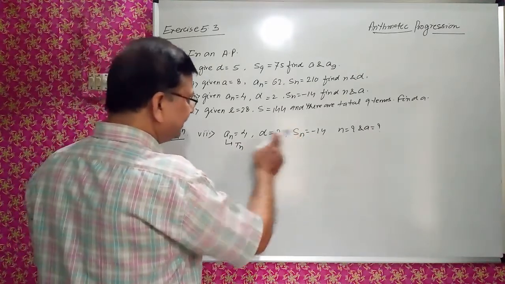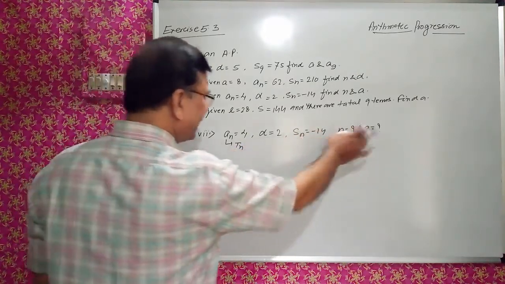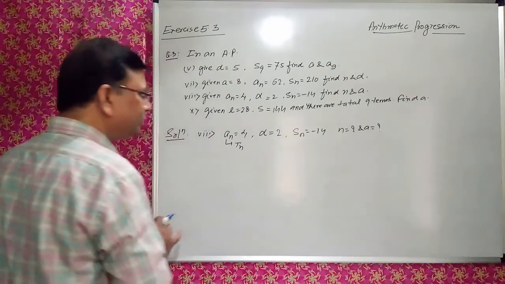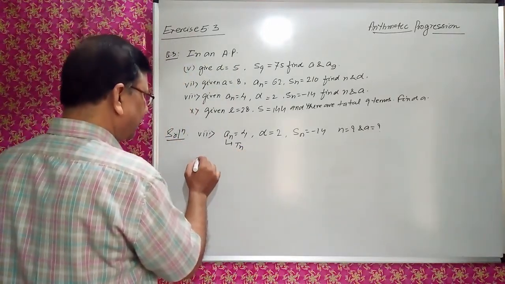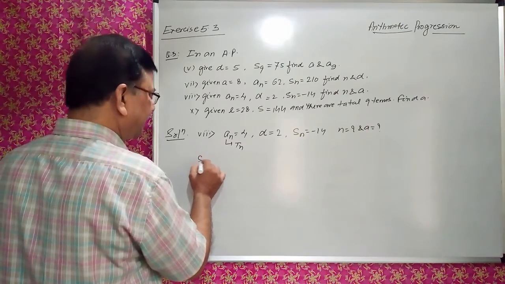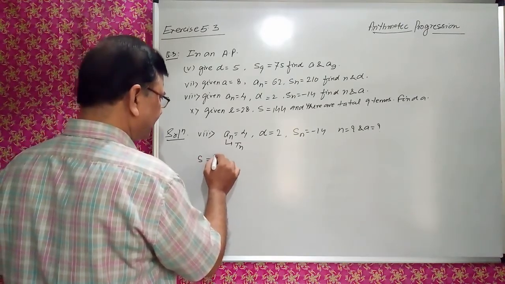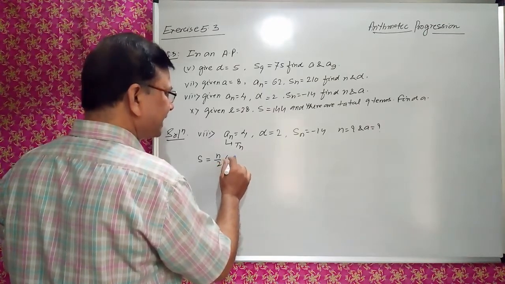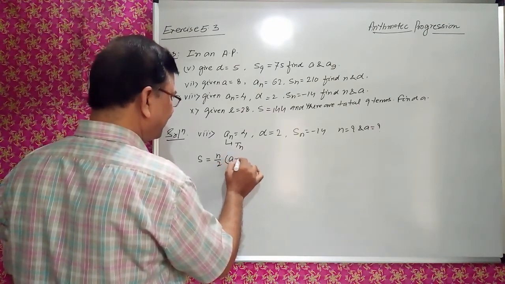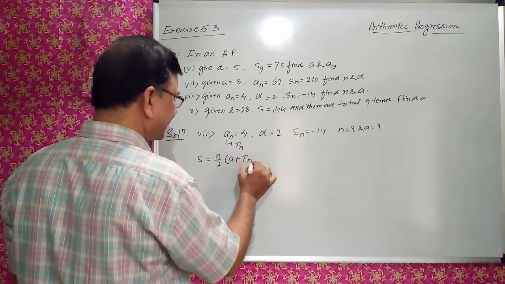So Sn is given, Tn is given, we want a and n both. So we can use the formula Sn is equal to n by 2 into (2a plus (n minus 1) d), or a plus Tn we can write.